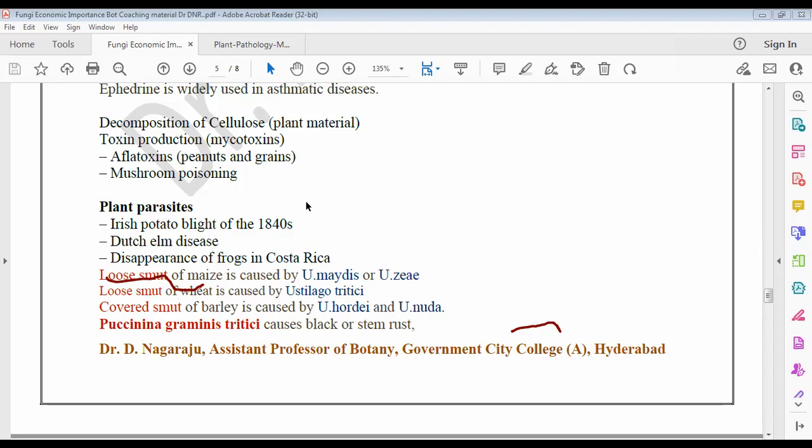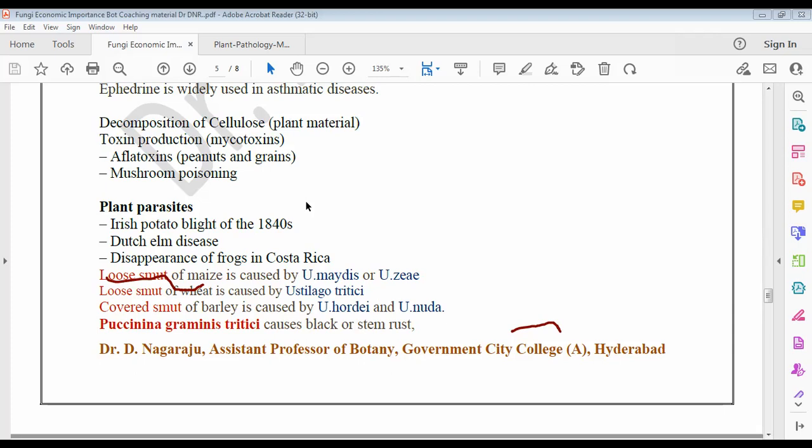What disease is it? Leaf spot, paddy blast, leaf spot disease caused by Helminthosporium oryzae. That was the cause of the Bengal famine in 1942.